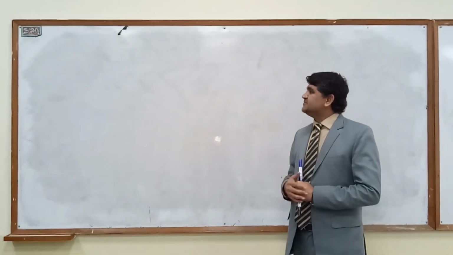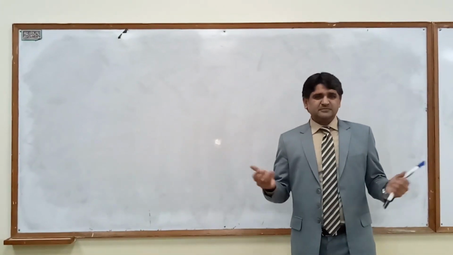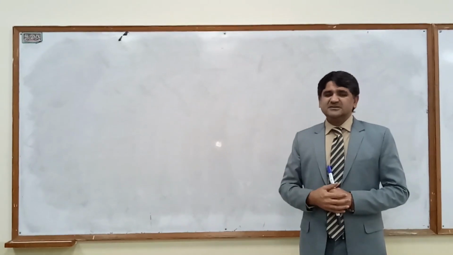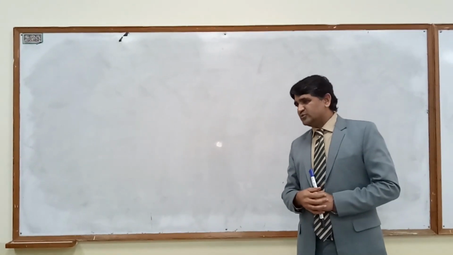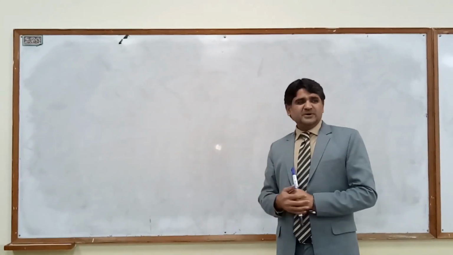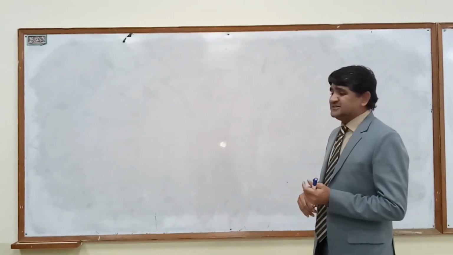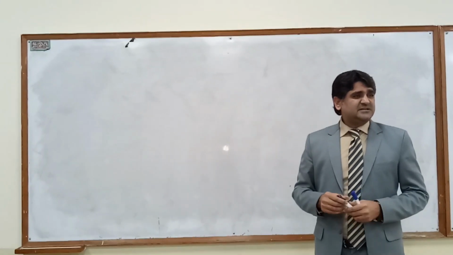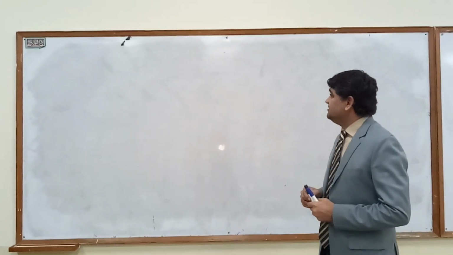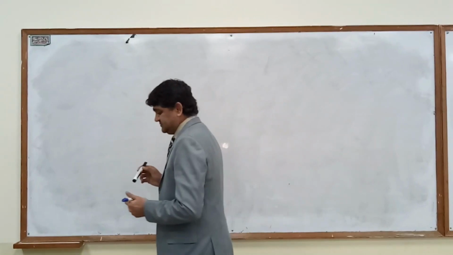Today the order of the system of linear equations might be 3 by 3, 4 by 3, or 2 by 3. It depends, but overall it is practice of the Gaussian elimination method.